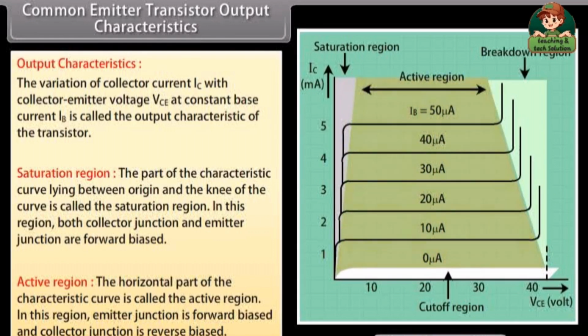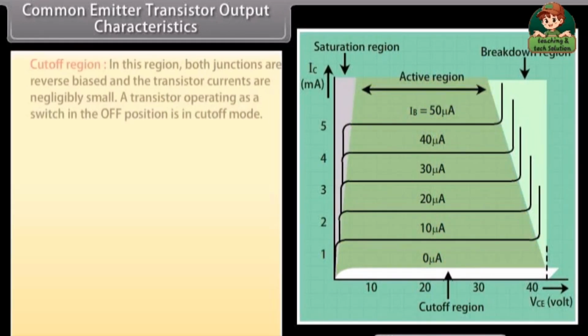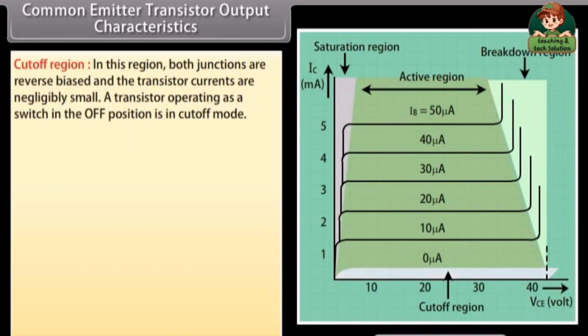In this region, the emitter junction is forward biased and the collector junction is reverse biased. Cutoff region. In this region, both junctions are reverse biased and the transistor currents are negligibly small. A transistor operating as a switch in the off position is in cutoff mode.